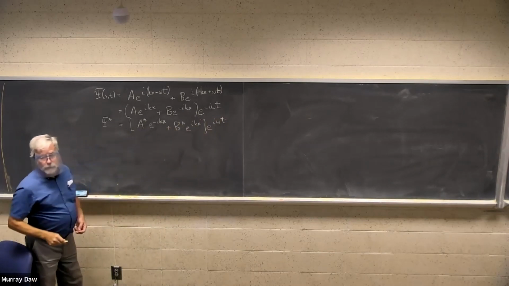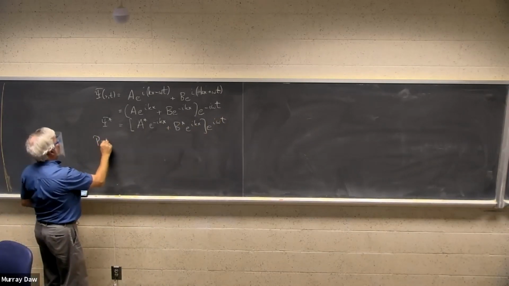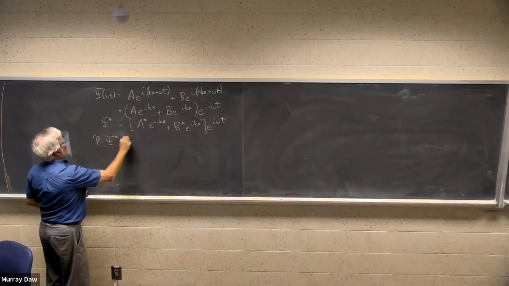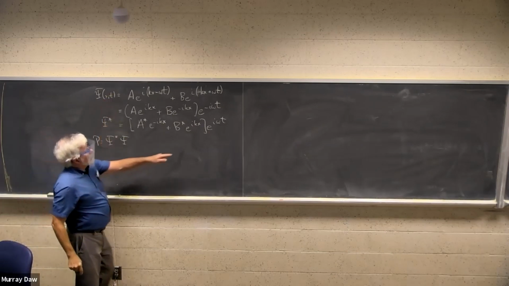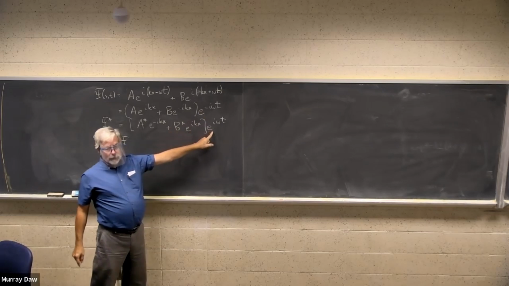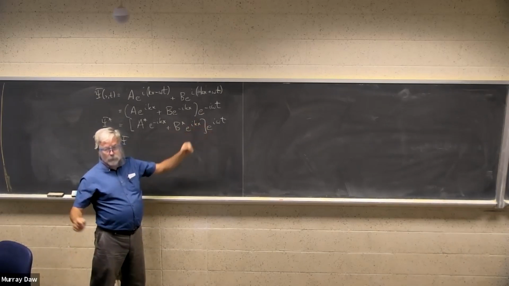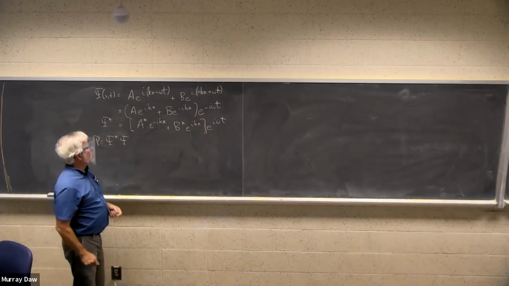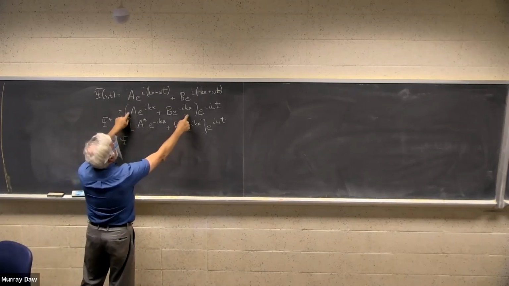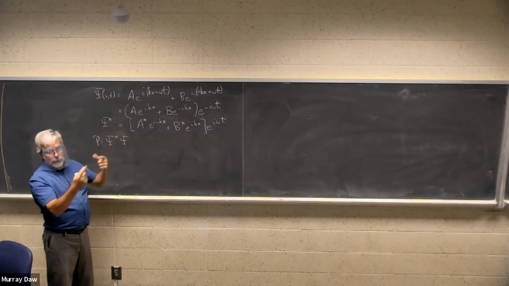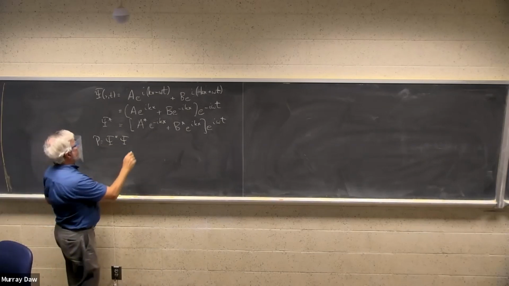Now let's multiply these two things together. These two things are going to immediately cancel, right? So the time dependence goes away in this particular case. And so now we have four terms that we have to multiply. We have two terms by two terms, we just expand it out.